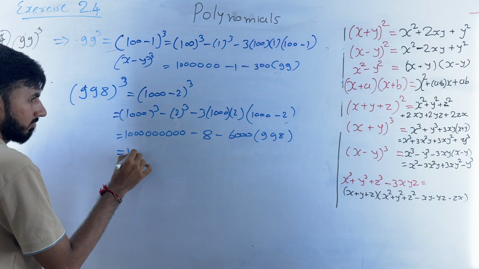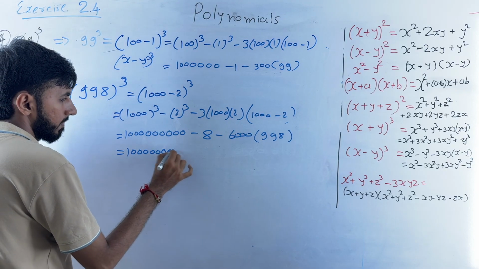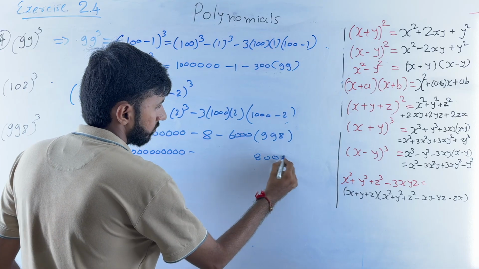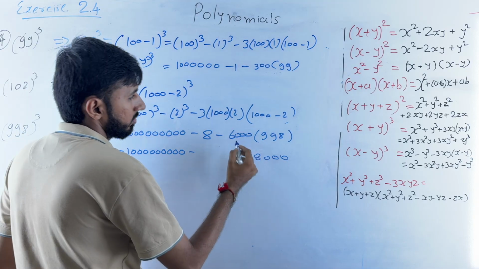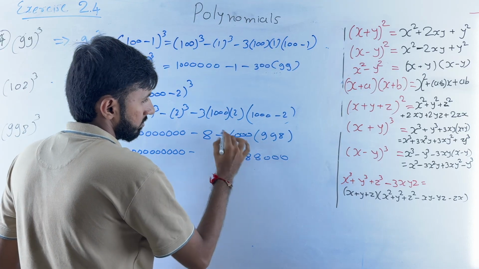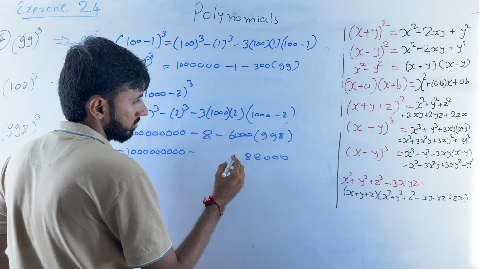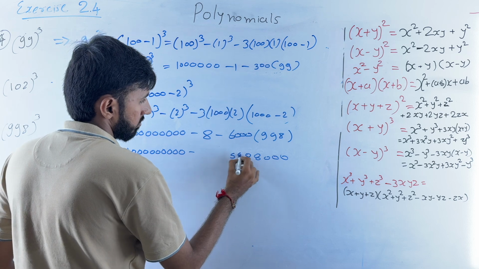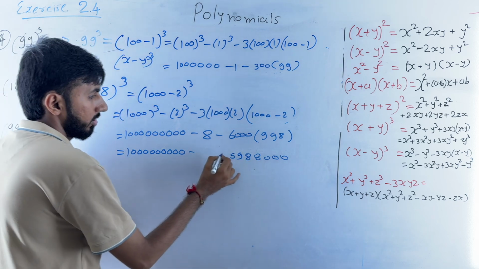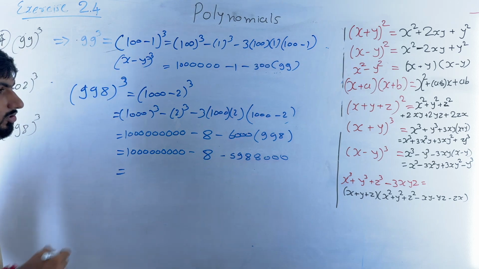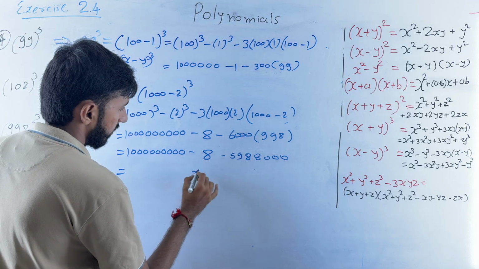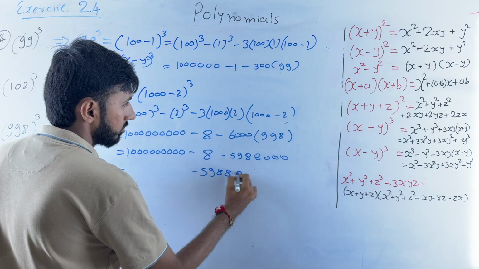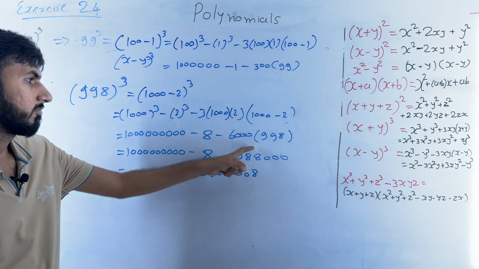So my final answer will be minus 5,988,000, ready, and I will write 8 here. So if I add these two, 994,011,992, let me verify it.